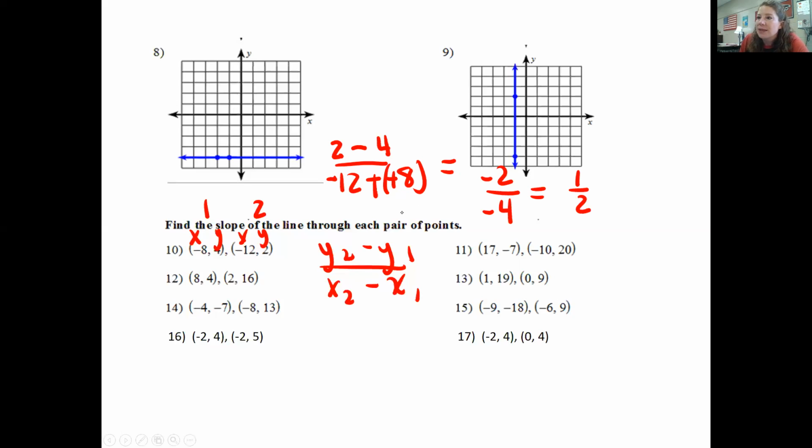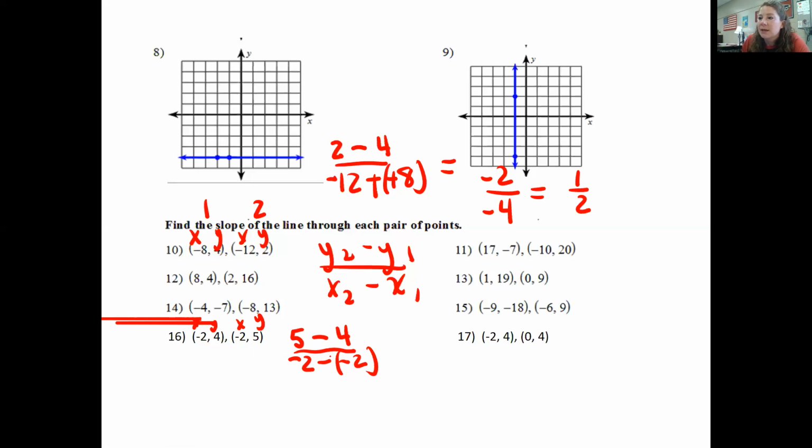All right, so I want to show you mathematically why on number 8 we got a slope of 0, and on number 9 we got a slope of undefined. Because if I use that formula, I'm going to plug in my second y value, which is 5, minus my first y value, which is 4, over my second x value, which is negative 2, minus my first x value, which is negative 2.